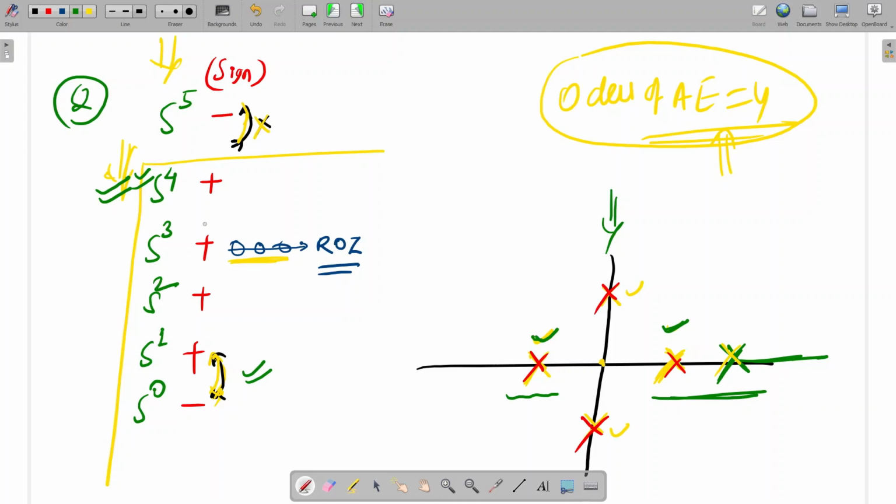So remaining two poles will be there, which will be symmetrical with respect to origin. But only one pole, below this, is coming in the right hand side. So these two should come on the j omega axis only. Is it clear? And the remaining one we will see above the auxiliary equation. One sign change is there, means this pole is in the right hand side. So two poles will be in the right hand side, one will be in the left hand side, and two will be on the j omega axis.